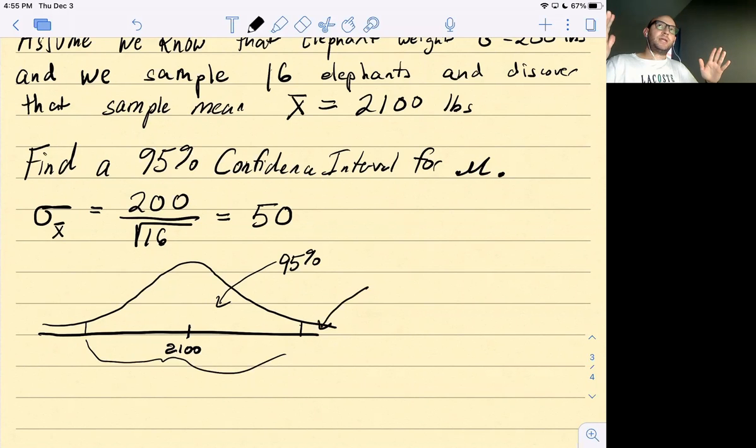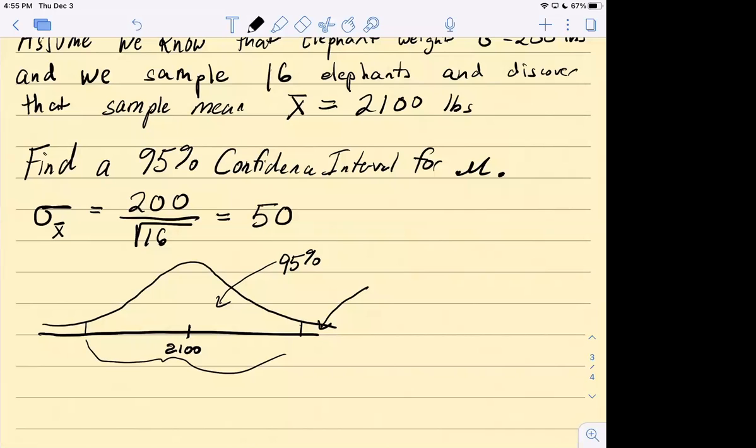If you try to draw a bell curve around 2100, pick an interval that has 95% of the data, or would have 95% of the probability. Okay, so there's 5% on the outside and 95% on the inside.